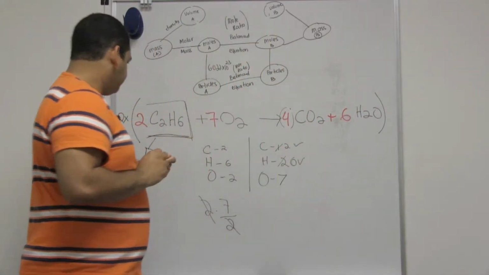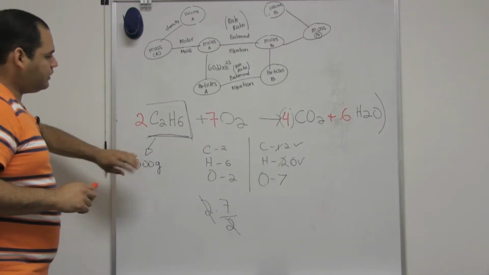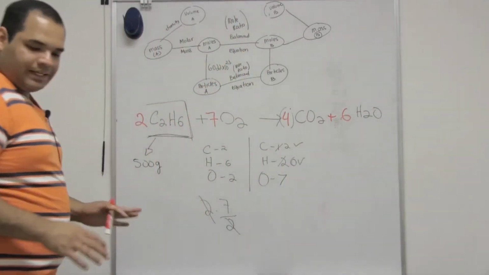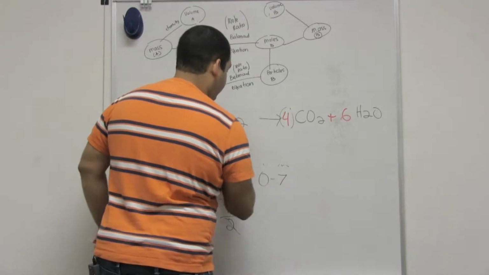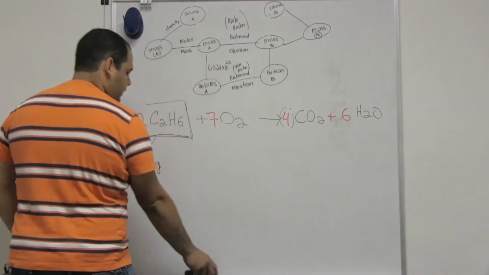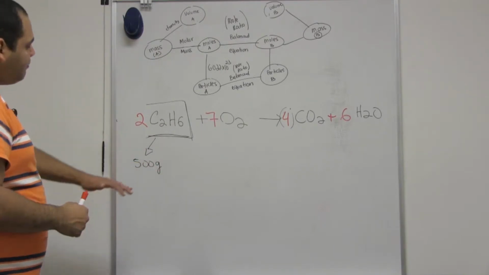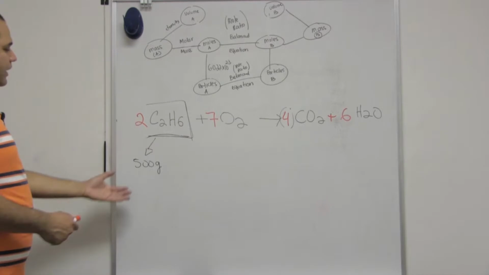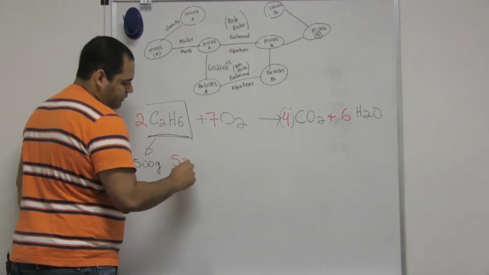So now I don't have the fraction, and my equation is balanced. Now that I have my equation balanced, I can use the Molar map to figure out how much water was produced when 500 grams of ethane underwent combustion. So I start with the 500 grams of ethane.